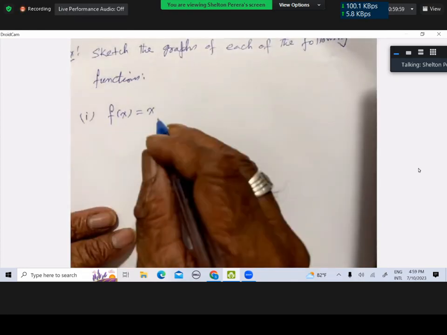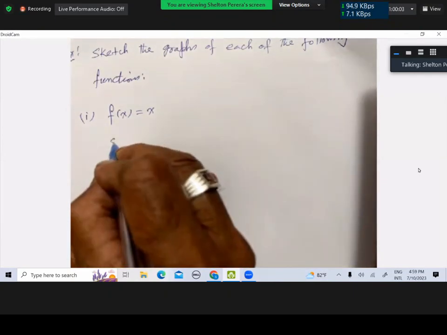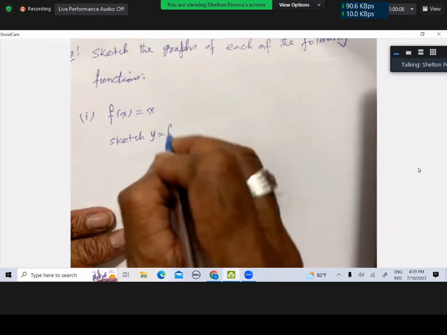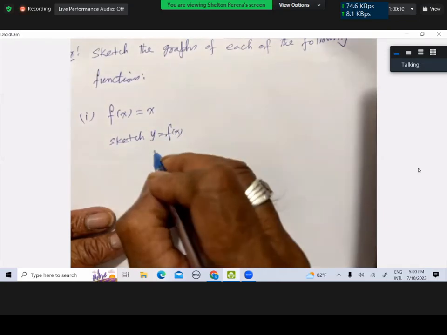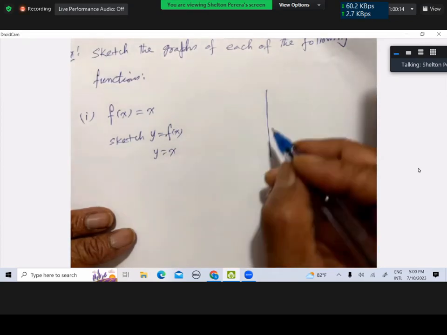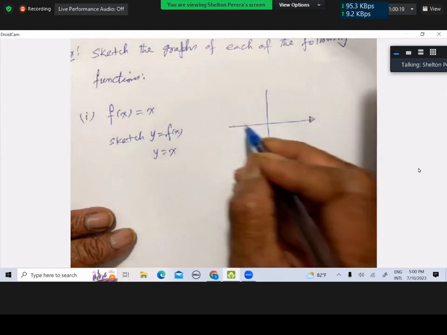How do you sketch the graph of the function given by f of x equals x? Sketch y equals f of x, meaning y equals x. Go to the xy plane. Y equals x we sketched last time.